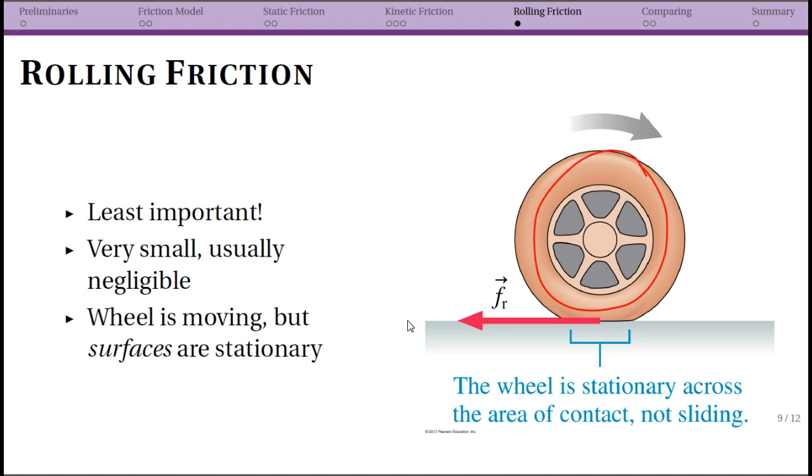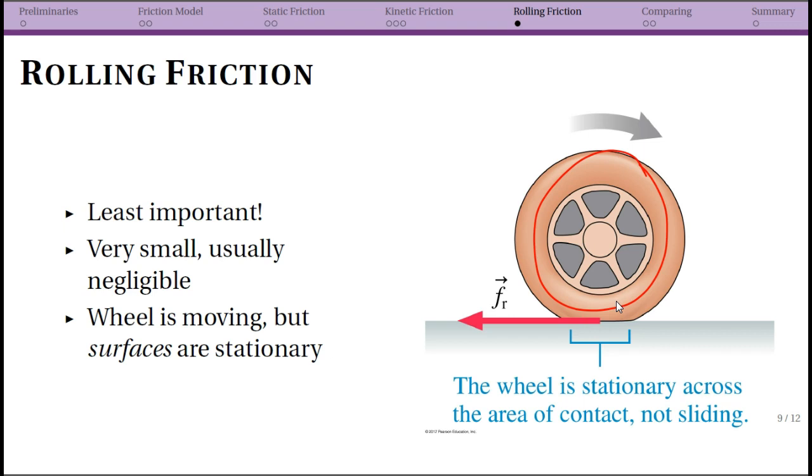So it's a different category than either static or kinetic because the surfaces are technically stationary, but the wheel itself is moving. The important thing to realize is that it's very small. So in many cases where there are wheels involved, we actually say that friction is negligible. That's pretty important.